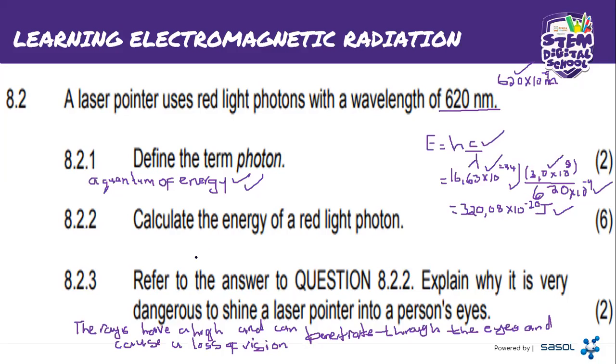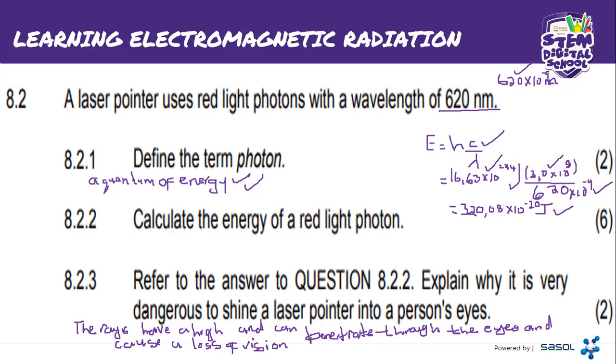These laser pointers, my dear learners, have a high energy, and their rays can penetrate through the eyes, and that can cause a loss of vision. So that is very, very important to note altogether. Right.